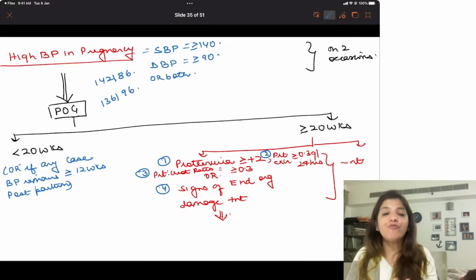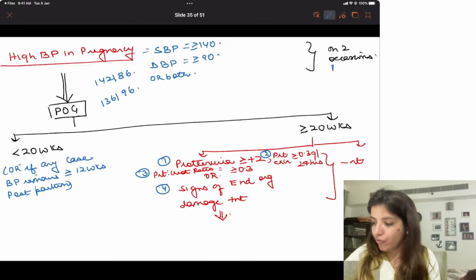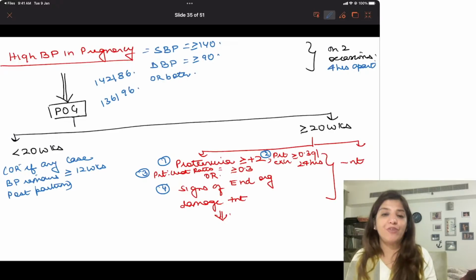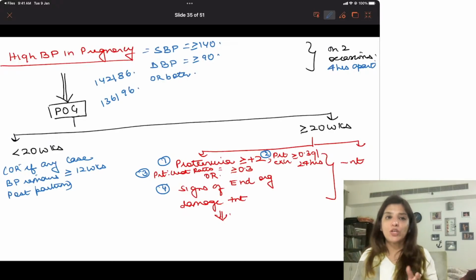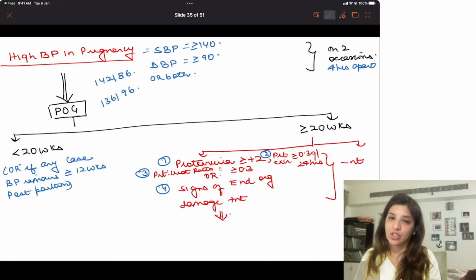Right? So if either systolic BP is more than or equal to 140 or diastolic BP more than or equal to 90 or both on 2 occasions 4 hours apart, that is what is defined as high BP in pregnancy. Now, whenever you have a question which says that there is high BP in pregnancy, look at the period of gestation.